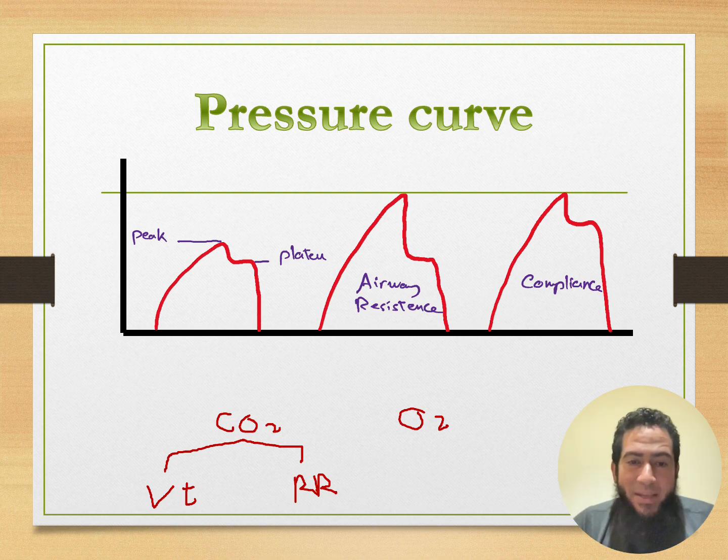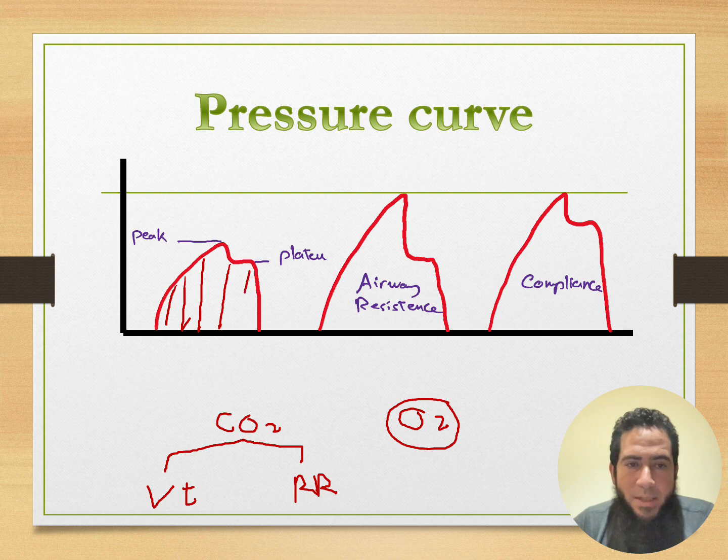So what affects the oxygen level, or the PO2 in the ABG? The thing that affects the PO2 is the mean airway pressure. And what is the mean airway pressure? It's the area under the curve of the pressure curve.